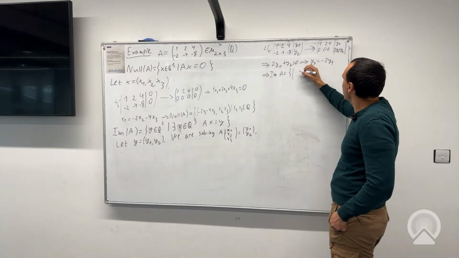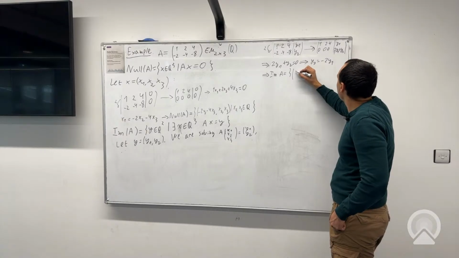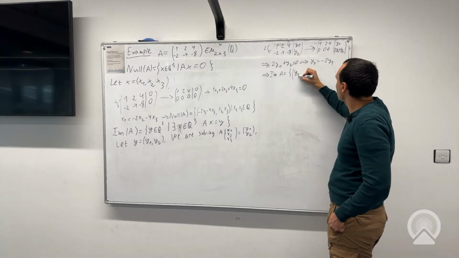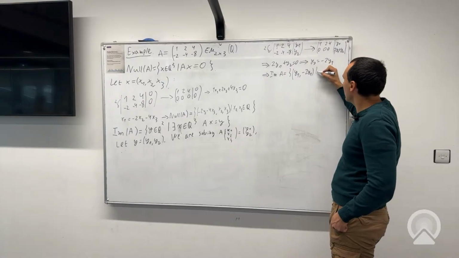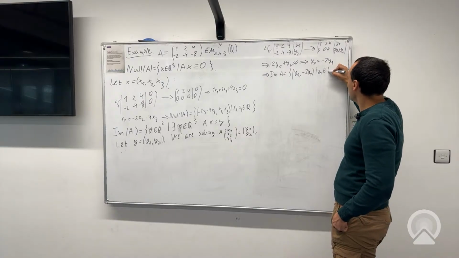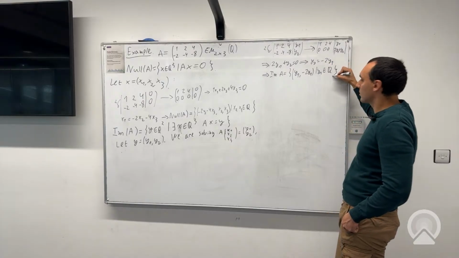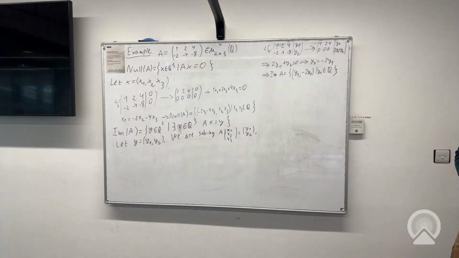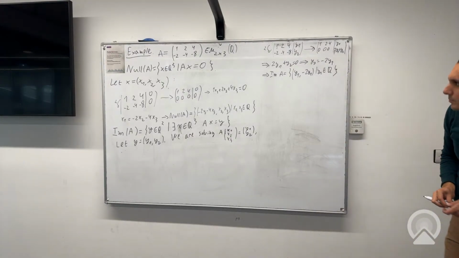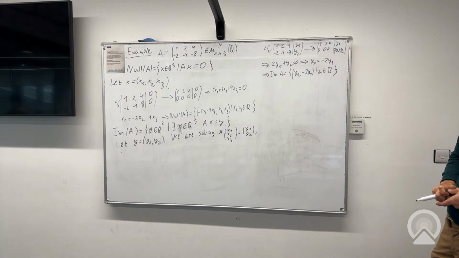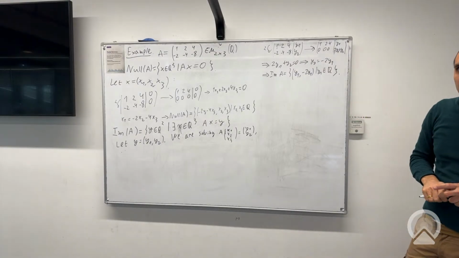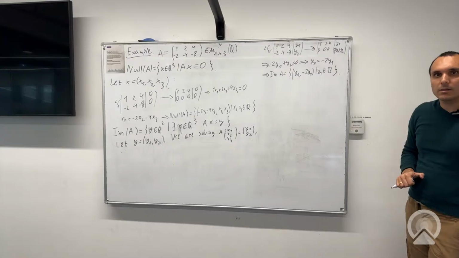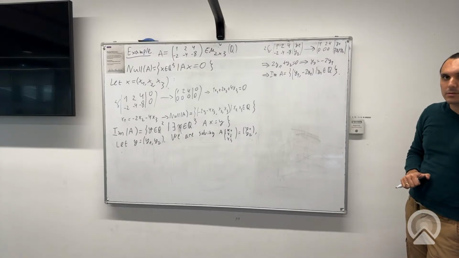It is the space of (y1, minus 2y1), where y1 is a rational number. Okay. And we don't have any time for anything else.